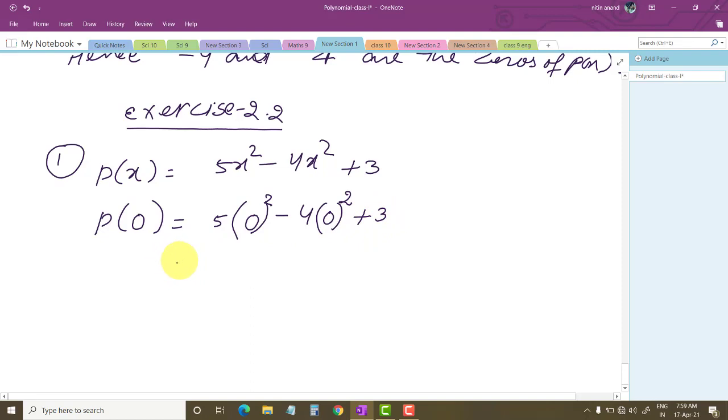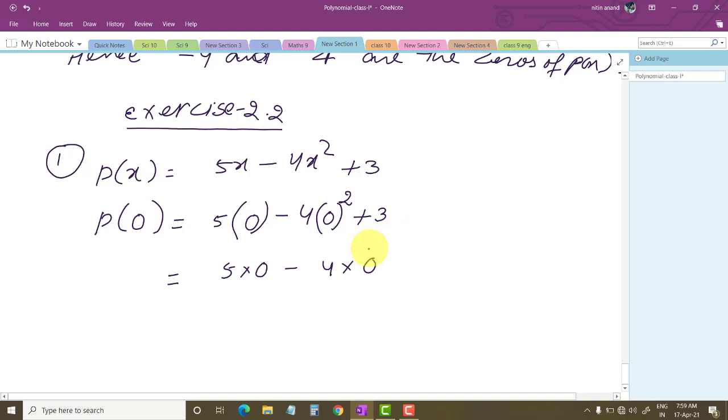Now see, it is 5 into 0 square, 0 square means 0, minus 4 into 0 square, then again 0. Oh, something is a mistake. Oh, there is no square. Sorry, there is no square.